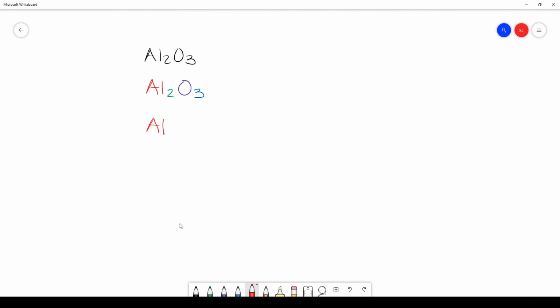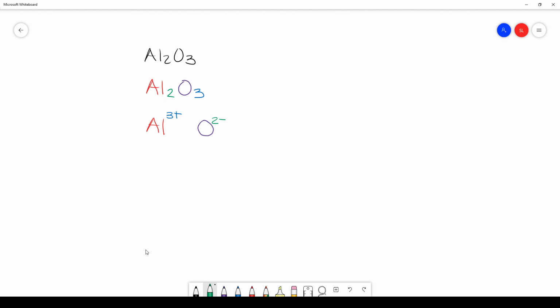Aluminum has the symbol Al, and now I run through my list: group 1A, 2A, 3A, cadmium, zinc. Aluminum is group 3A, so it has a charge of 3+. It's one of the fixed charges, but you need to know what it is. Oxygen, when it is an anion, has the symbol O anyway, but as the anion, it has a charge of 2 negative.